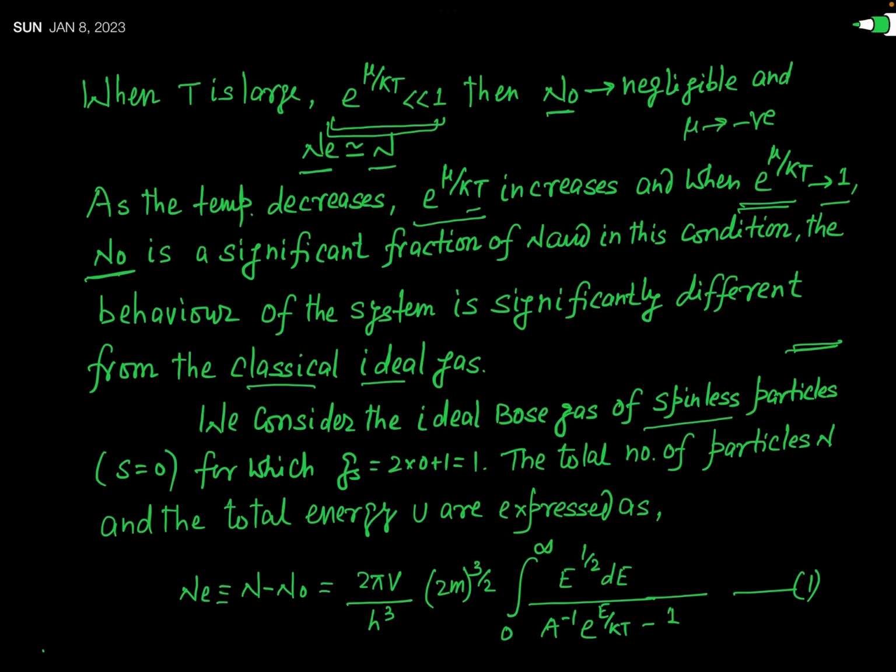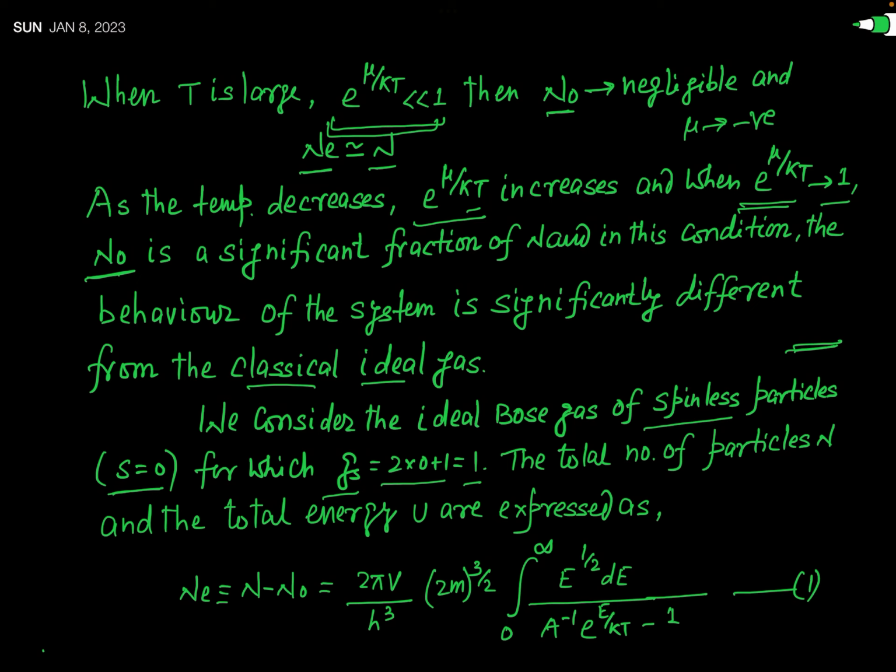When you say your gas is composed of spinless particles, it means the spin quantum number s equals 0. The spin degeneracy factor Gs equals 2s plus 1, but since s is 0, this is 2 into 0 plus 1, that is 1. So we consider the spin degeneracy factor Gs equal to 1 for our system.